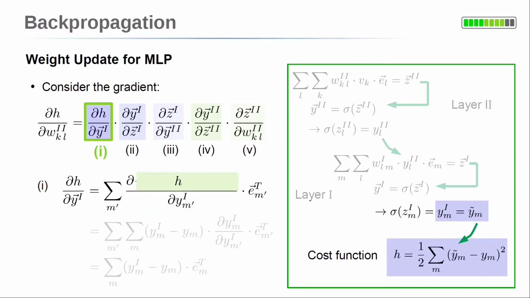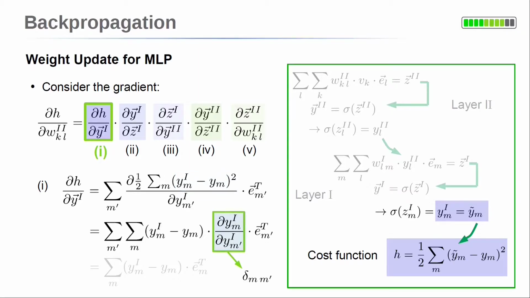Similar to the calculations for the delta rule, we use the mean squared error as cost function with the squared differences of output and data. The derivative of a summand in the summation gives 2 times the difference of model output and data times the derivative of the inside. The factor 2 cancels with a factor 1/2. The derivative of the inside gives the derivative of y_m of layer 1 with respect to y_m' of layer 1. This is because y_m is a constant value, the data point's target value.